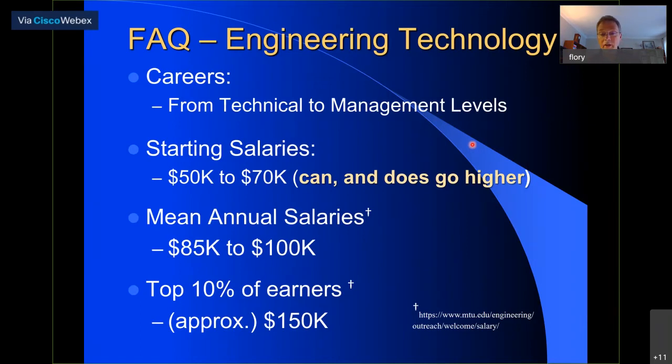But it's very common for that to be in the 85K up to the six-figure range. And then when you look at the top 10% earners, you're talking about the mid 100s, the mid 100 to 200 range. So 150K as a salary is very, very realistic.